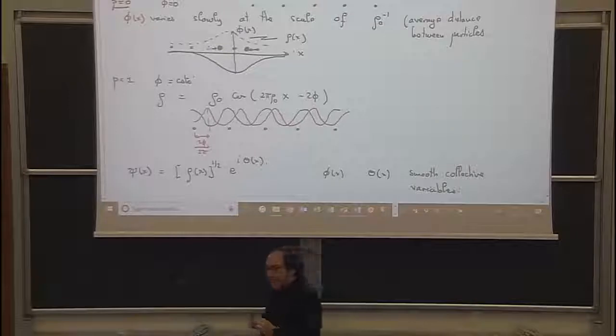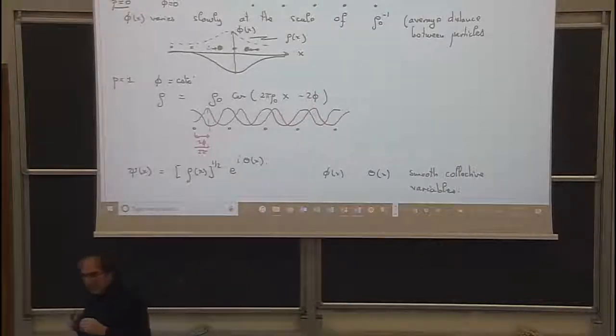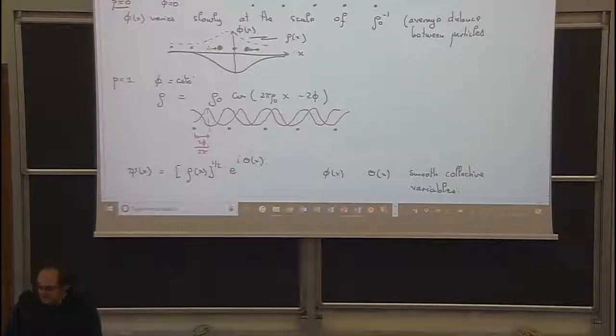Yes? The case phi constant is special, in a sense, because then we have only the harmonic decomposition and no variation. What is the physical significance of phi constant then? So phi constant means that if phi becomes a number and doesn't fluctuate, your density becomes perfectly ordered. I can take phi to be any value.